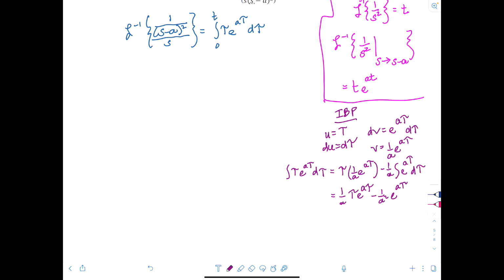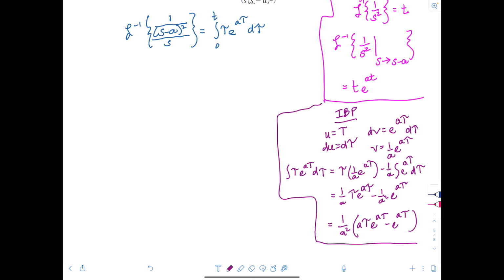And let's pretty it up a little bit. 1 over a squared, we would have a times tau times e to the a tau minus e to the a tau. And now we are going to have to go over and evaluate it, right?